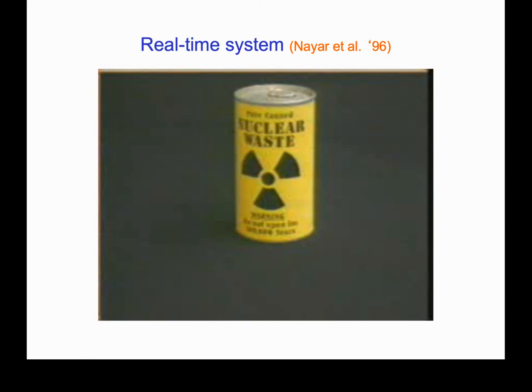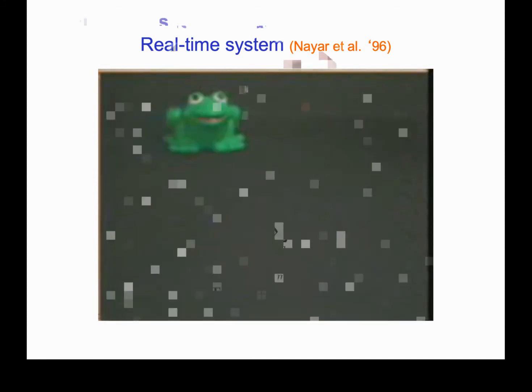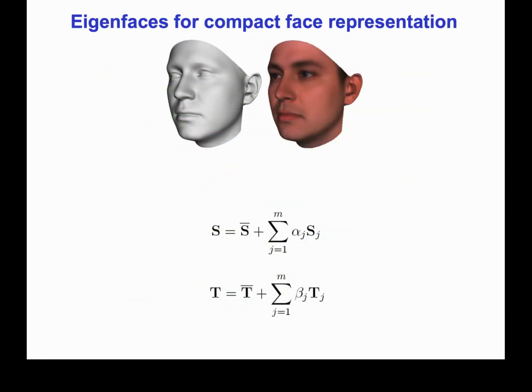And the nice thing is, if you have an object that is not in the system, it will fall so far apart from all the other objects that you can actually create a threshold on the distance to the closest manifold and say that if it's higher than a certain distance, we can conclude that you have not seen this object in your database.